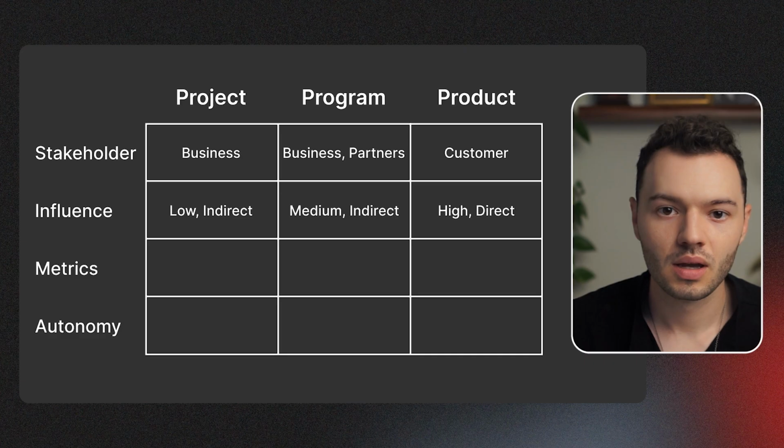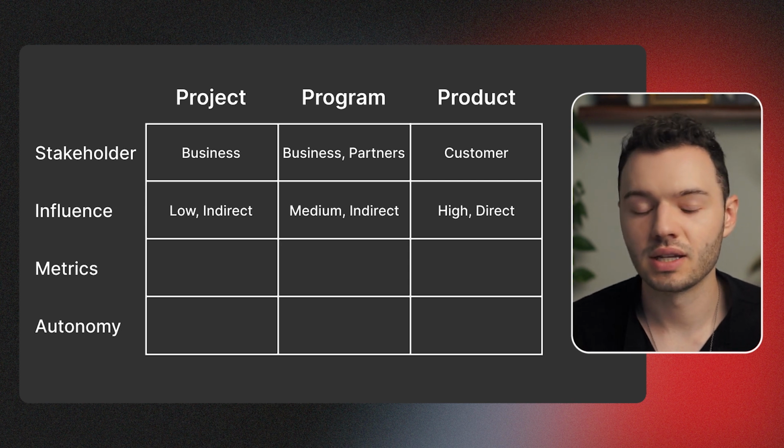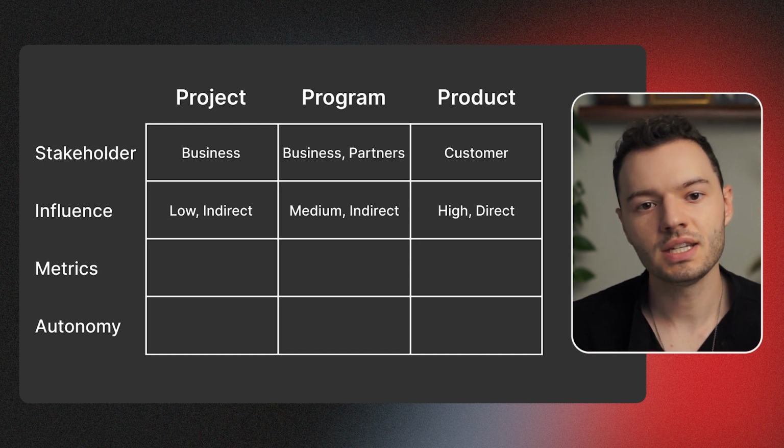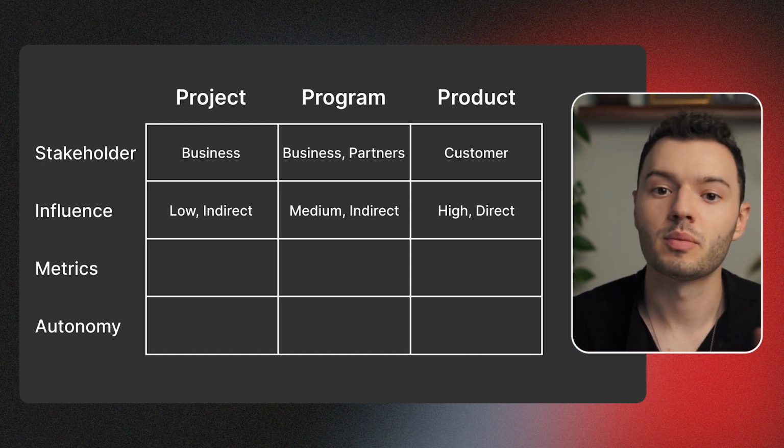Next, we have strategic influence. This refers to the proximity to alter the direction of the product or the company. So project managers usually do not influence strategy. They are tactical and they are process-focused. Program managers might provide strategic direction for how to guide multiple projects within their program.